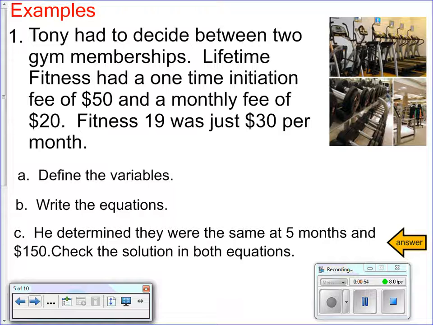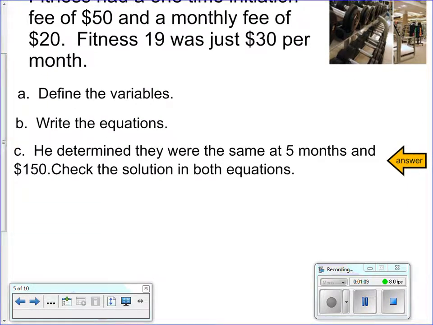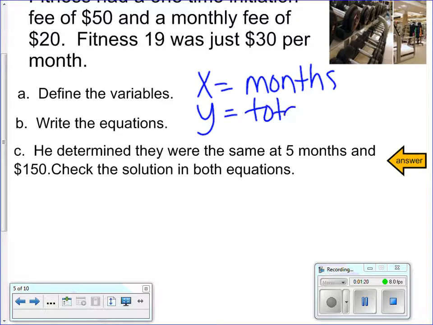So for example, Tony had to decide between two gym memberships. Lifetime Fitness has a one-time membership fee of $50 and a monthly fee of $20. Fitness 19 was just $30 per month. The first thing we need to do is identify our variables. We'll say x is our months and y is our total cost.